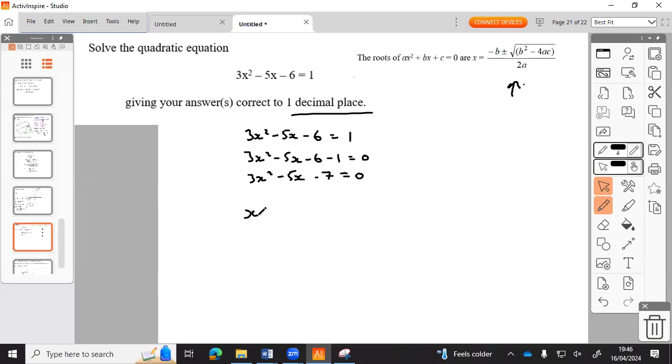Putting that into our quadratic equation, we get 5 plus or minus the root of -5 squared minus 4 times a, which is 3, times -7, all over 2a, which is 2 times 3. Tidy that up and solve it.